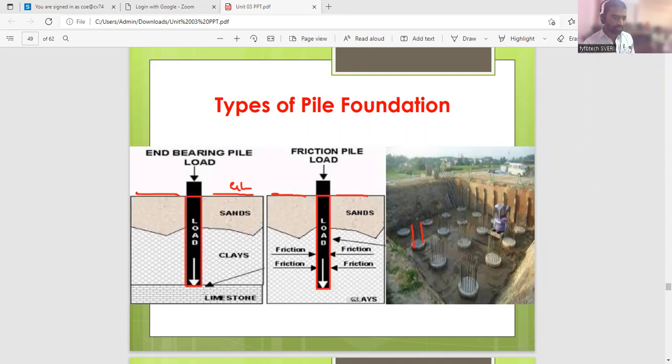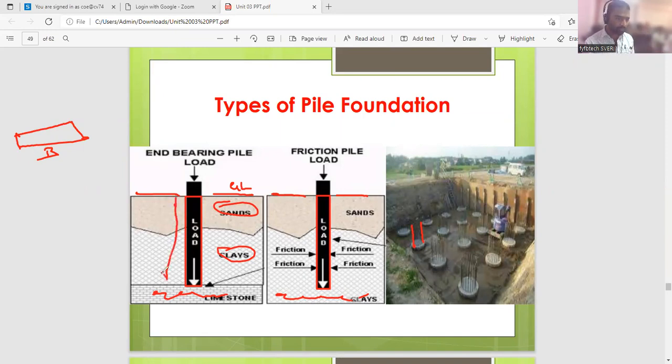This is soil, and here there is clay. Whenever there is sand and clay, we provide a pile foundation. See, in the previous foundations the width was very large and the depth was small. Now consider the depth.